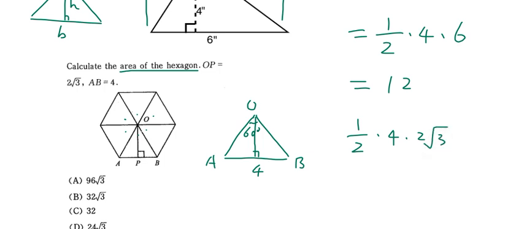We have 6 such triangles, so we just multiply by 6. So we can cancel this 2, and then 4 times 6 is 24, so the area is 24 radical 3.